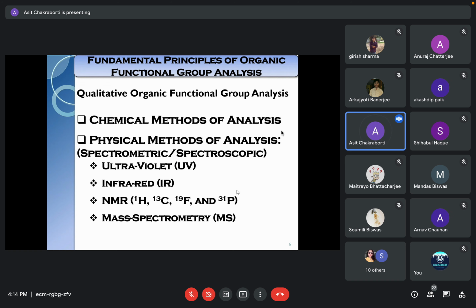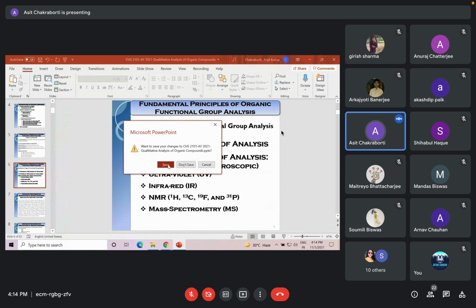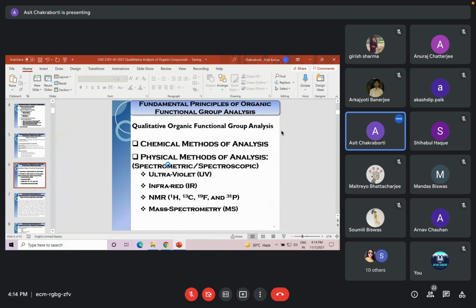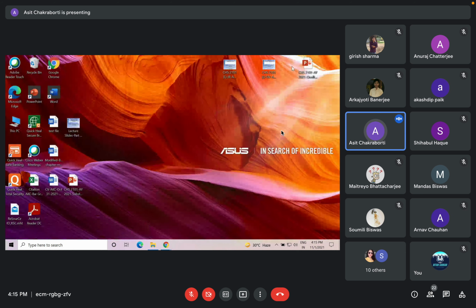Since this is partly part of our syllabus, we are going to put a fundamental preliminary understanding of IR, and a little bit of UV will be required during our understanding of the qualitative analysis. So let me share, and I'll go quickly and demonstrate how you can use other techniques in a much simplified way.